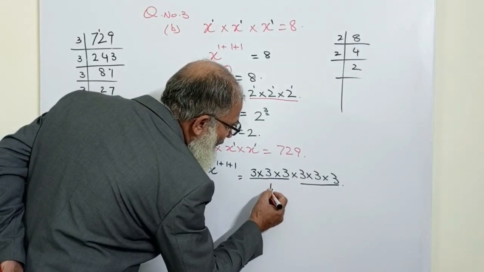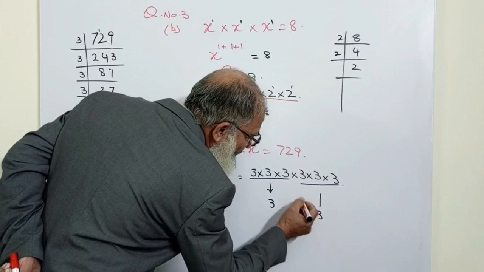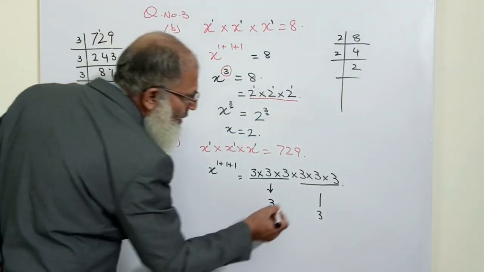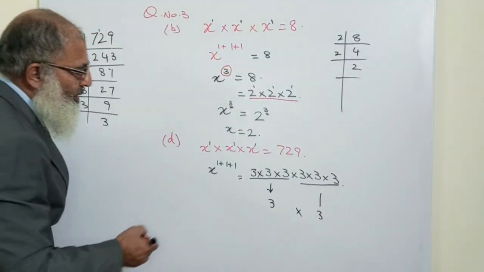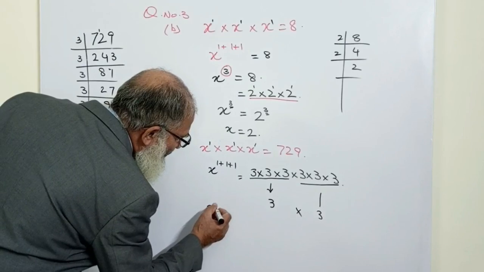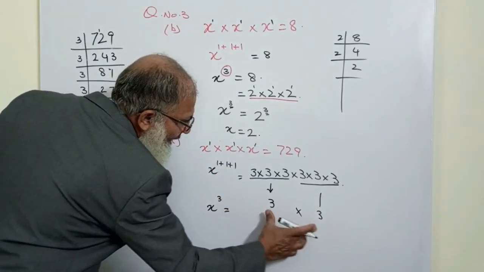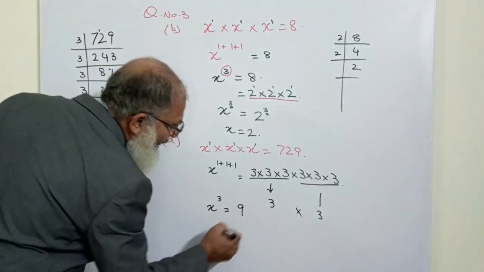I take one common out of it and one common out of it, and bring this multiplication sign as well. Now what we do, we add these powers and we multiply these 3s, and it is like this.